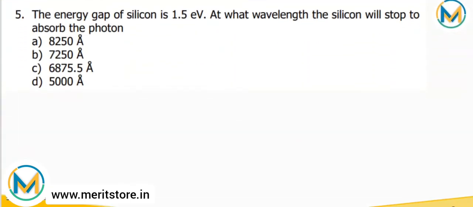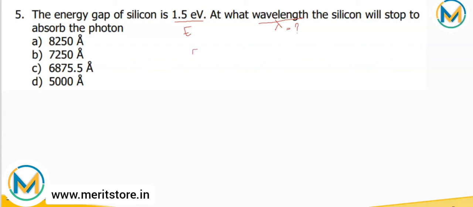Energy gap of silicon is 1.5 electron volt. So energy value is given in the question. At what wavelength, that means lambda, the silicon will stop to absorb the photon? So here in this question, E is given and we are supposed to find out lambda.